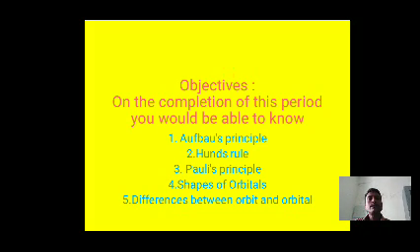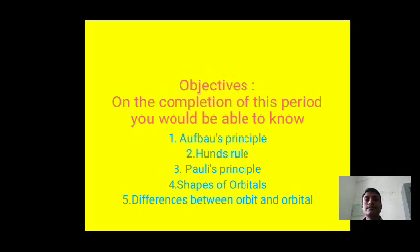Objectives about these topics. On the completion of this period, you would be able to know about electronic configuration. This electronic configuration depends on Aufbau's principle, Hund's rule, and Pauli's principle.